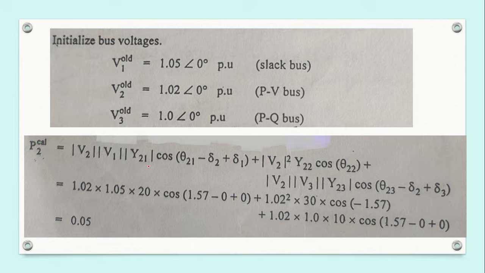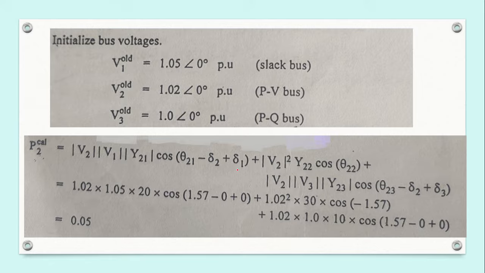So in the place of Y21 we have an element which has a magnitude that should be substituted here, and the corresponding angle should be substituted as theta 21. So likewise we can substitute all the values.